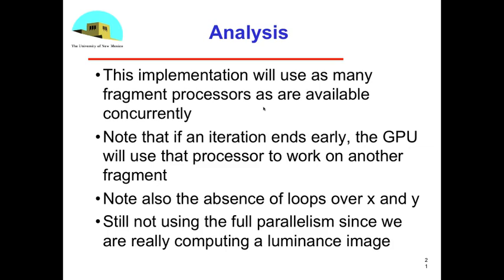But if you're generating only a gray level, then you're really not taking advantage of the fact that the red, green, blue, and A components could also be computed and generate 4 fragments at the same time. So you could really be a little clever. But even here, this could be anywhere from 4 to 100 times faster because you might have anywhere from 4 to 100 or even 1,000 units all working on different fragments.